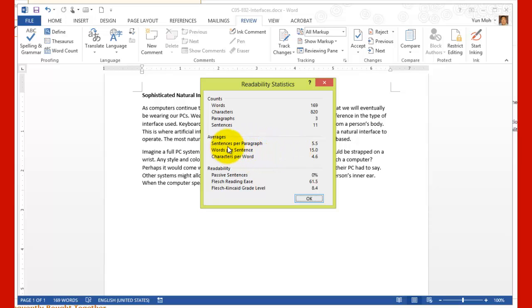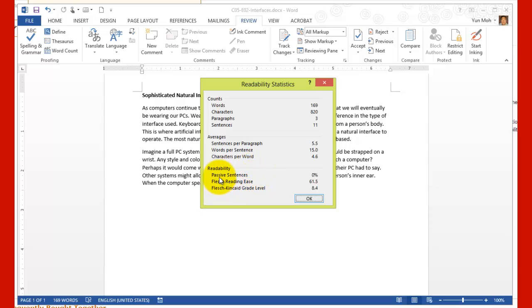All right, so here we have more statistics. Sentences per paragraph, 5.5 sentences per paragraph. And then words per sentence, 15 words per sentence, and exactly 4.6 characters per word. So that's basically statistics.